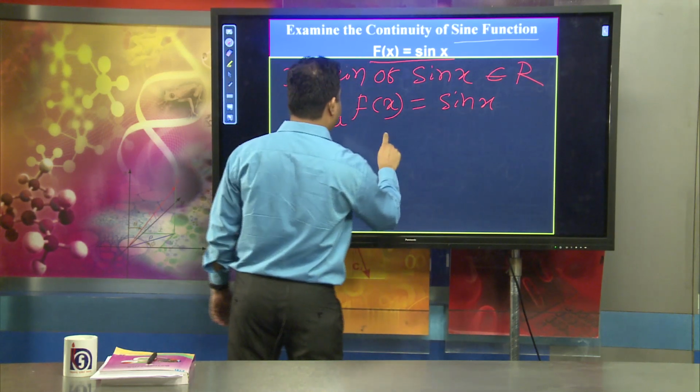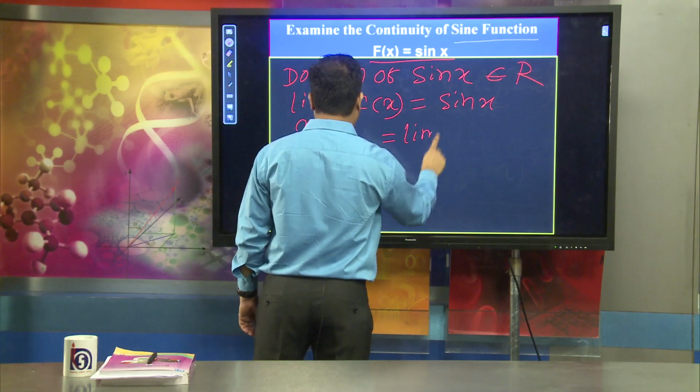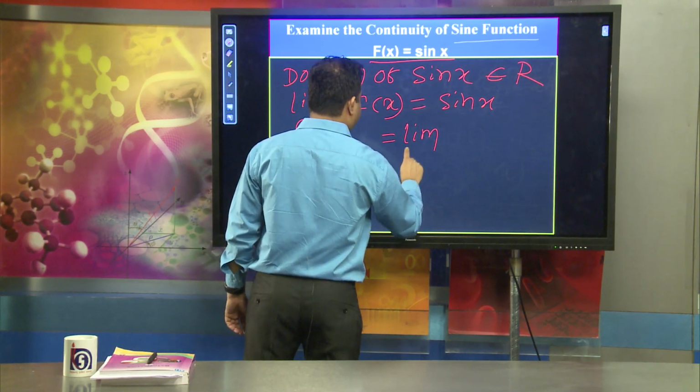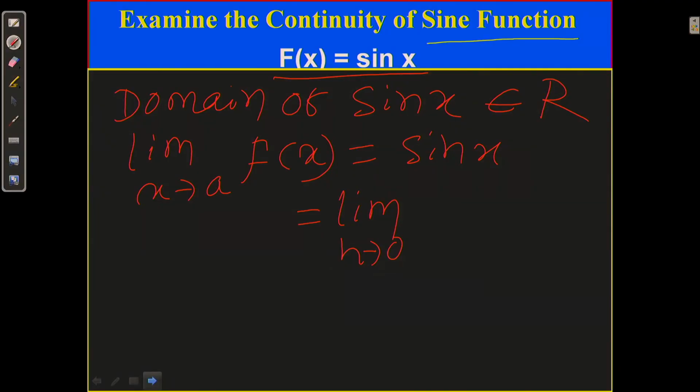That means we check limit h tends to 0, when x tends to a, I can write sine of a plus h. Okay. Because when x tends to a, h tends to 0.